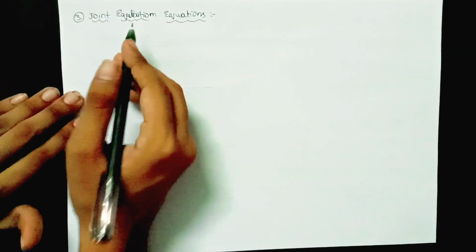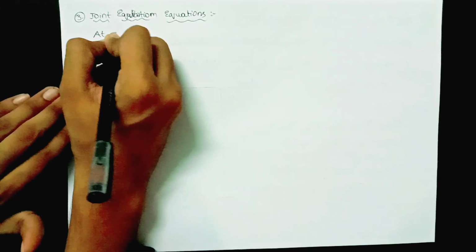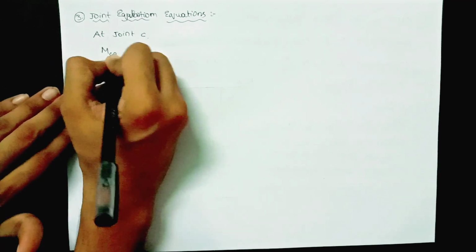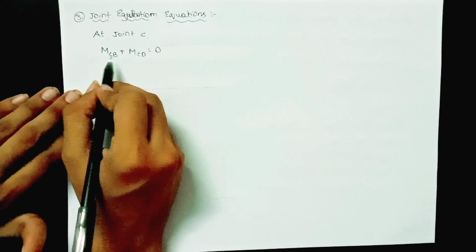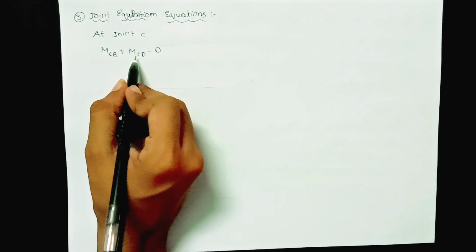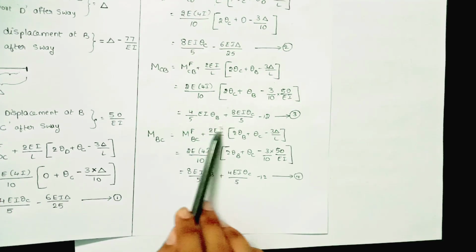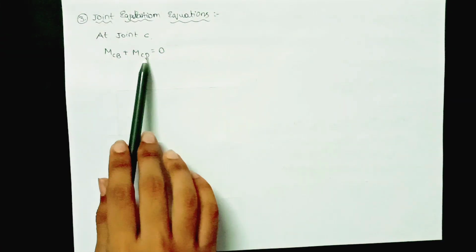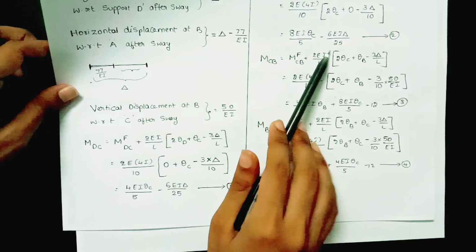So first of all consider joint C. At joint C the condition is MCB plus MCD equal to 0. The MCB and MCD equations are obtained from step 2. This is the MCB equation, that means the third equation, and this is the MCD equation.